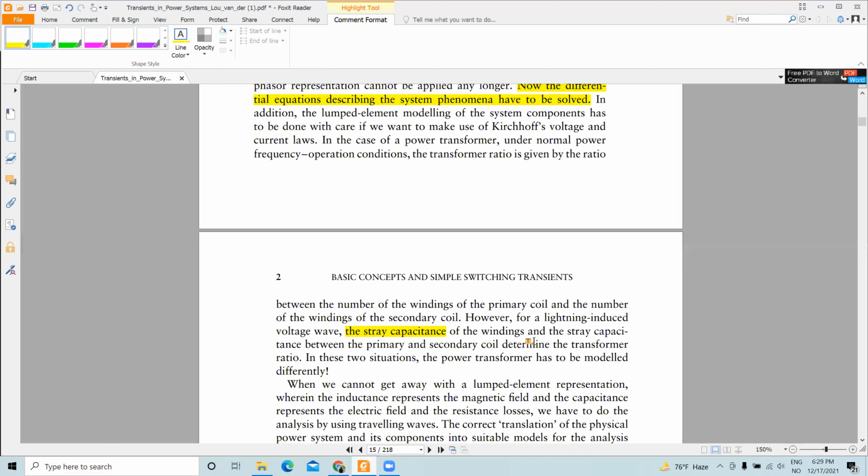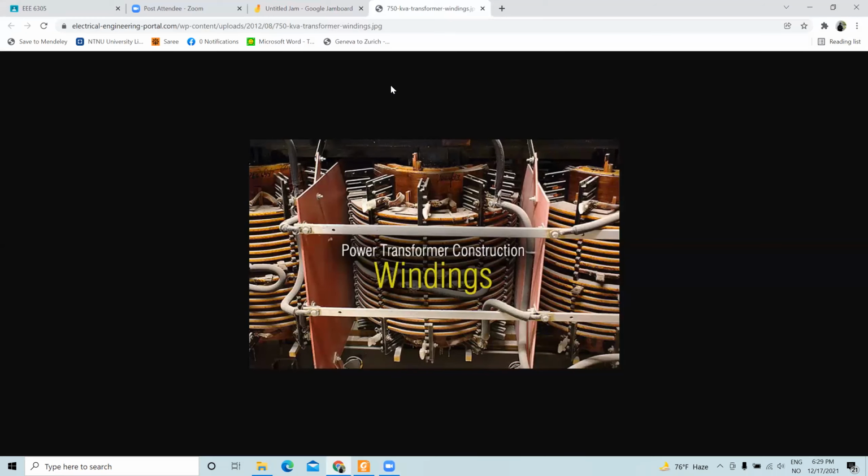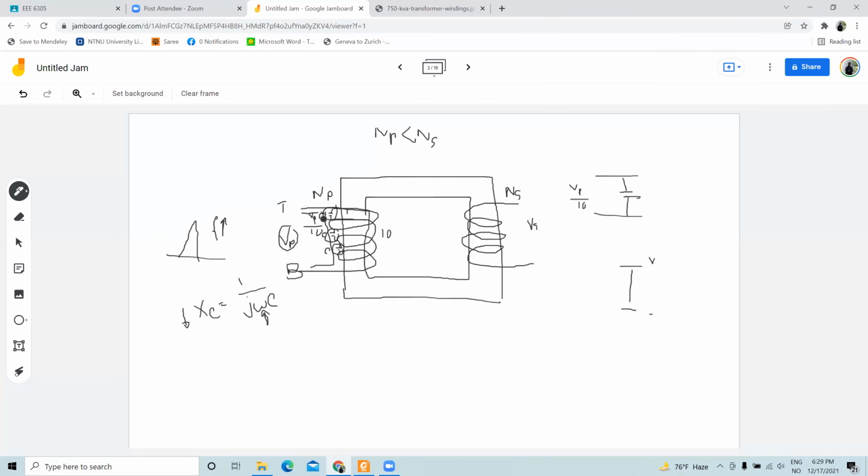This stray capacitance of the winding and the stray capacitance between the primary and the secondary coil determine the transformer ratio. That means this stray capacitance will define how much voltage will be transferred to this side, or how much voltage will appear across these insulations.